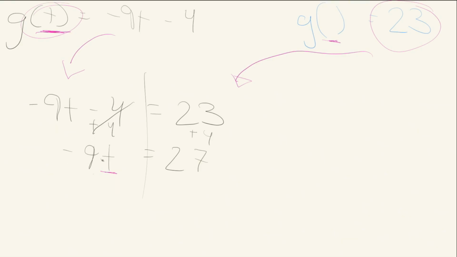That would cancel out and you would get t. Then you would divide 27 by negative 9. 27 divided by 9 is 3, and it's a negative. So t would be equal to negative 3.